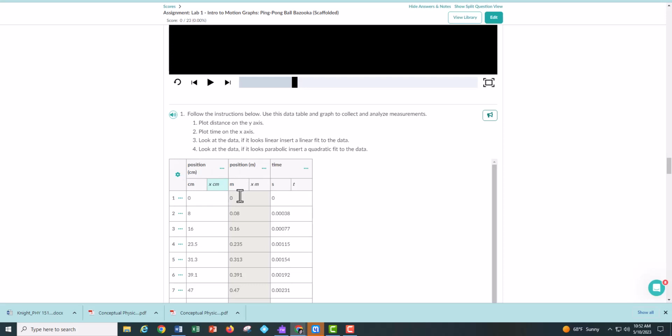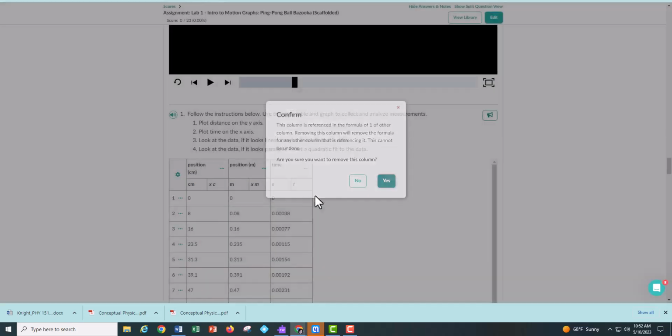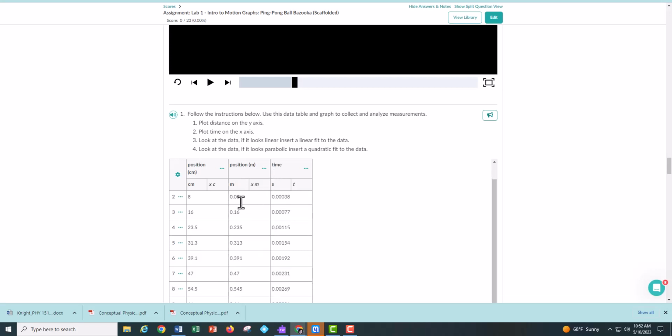So I'm going to create a new column beside the position column, and all I do is click on the 3 dots and say insert column to the right, and then I can name it position and put the units in as m, and then I can just manually enter how many meters there are. So just divide it by 100, move the decimal place 2 places to the left. So 0.08, 0.16, 0.235, etc.